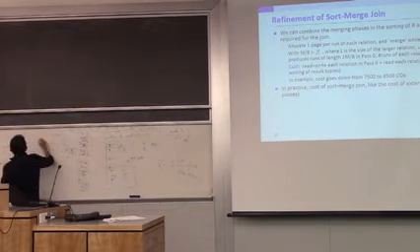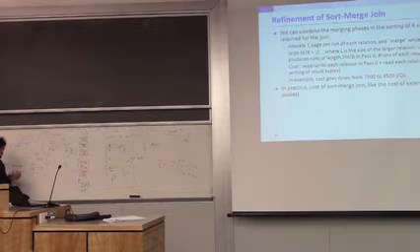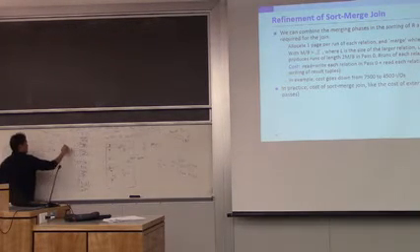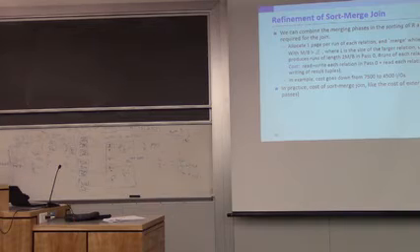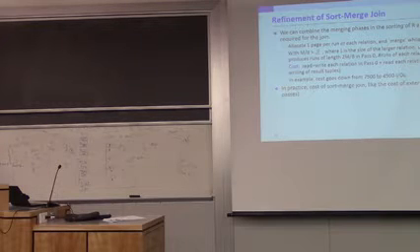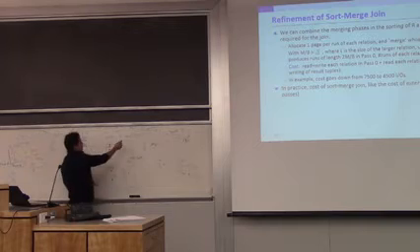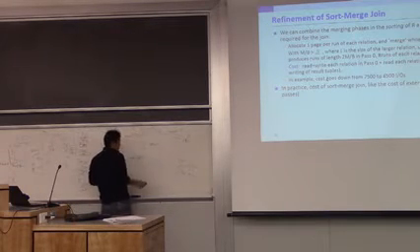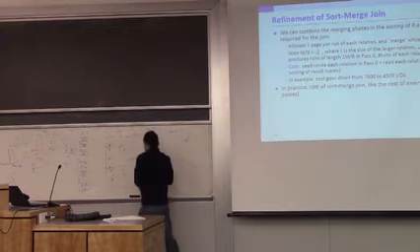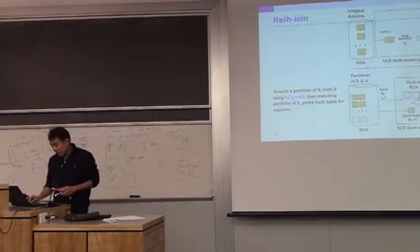For hashing, to get this cost, the condition is that M over B must be greater than the smallest of the 2 partition sizes. Whereas for this refinement of sort-merge join, the condition is this. Okay. All right, so that's that.